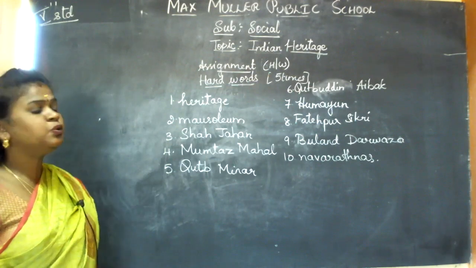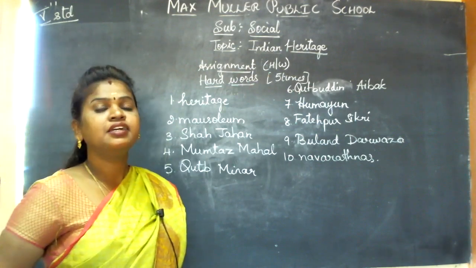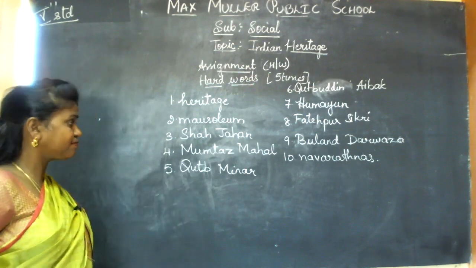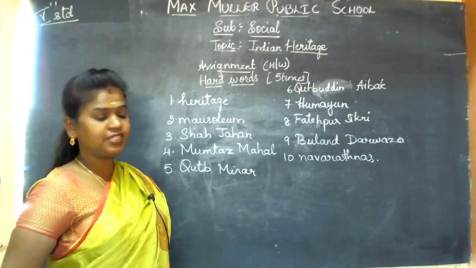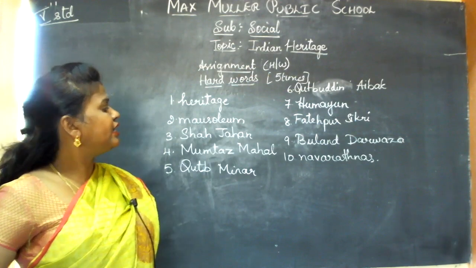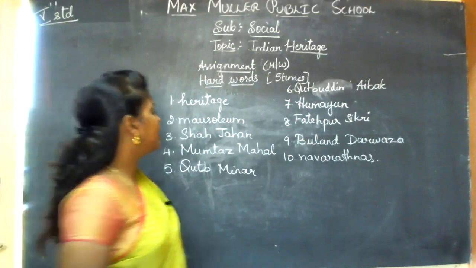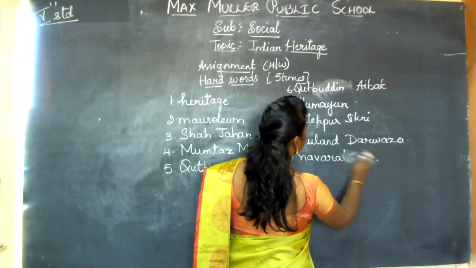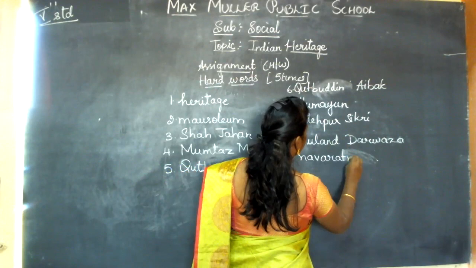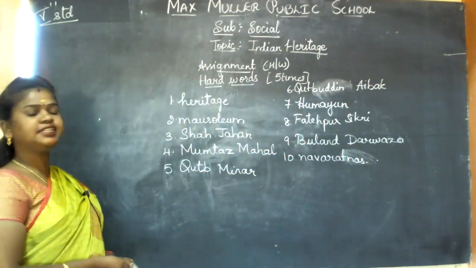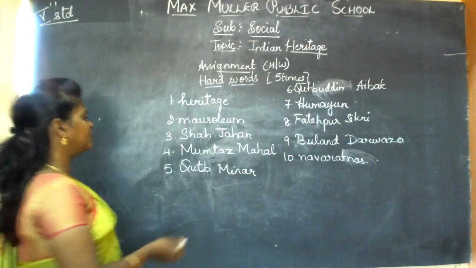Ninth one is Buland Darwaza. 10th word is Navaratnas.